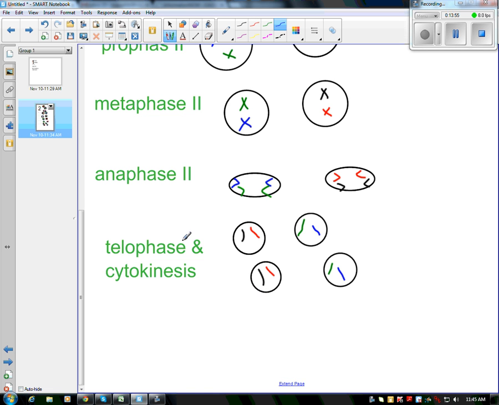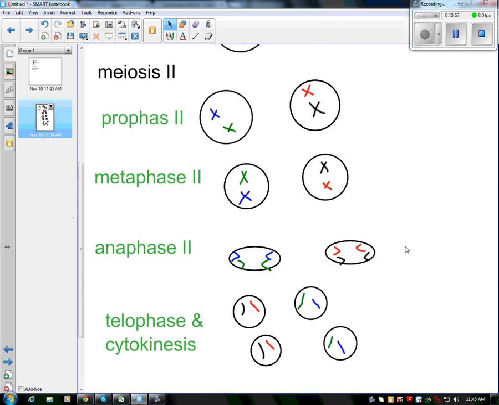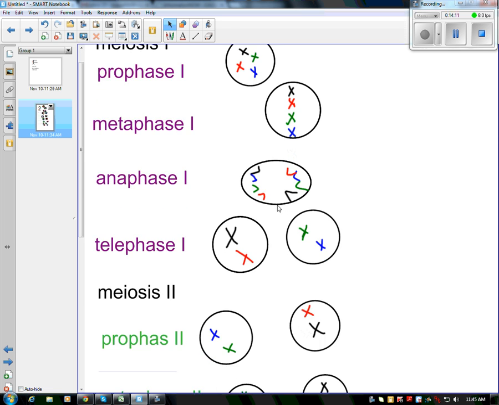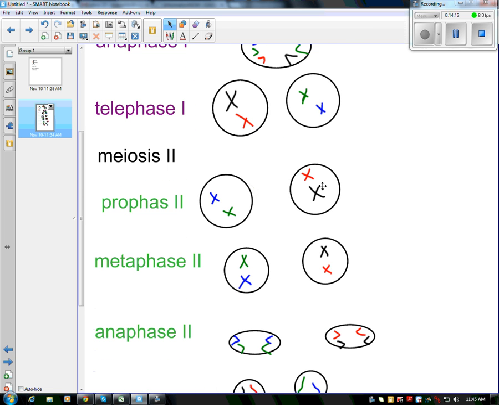So basically, if you look all the way through this, meiosis is mitosis times 2. Meiosis 1 is just like normal. You go prophase, they line up metaphase 1, they split anaphase, then the cells split telophase 1. You go to meiosis 2.